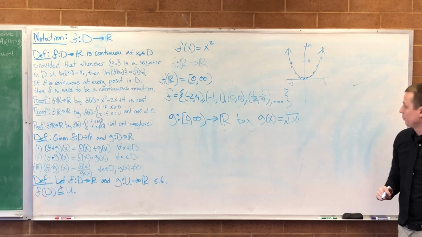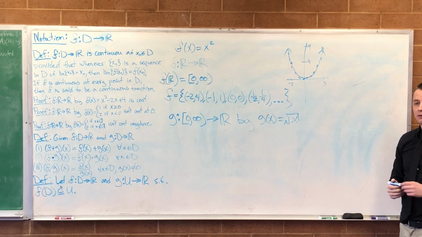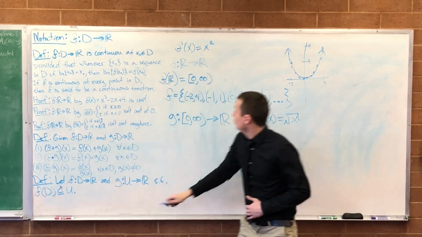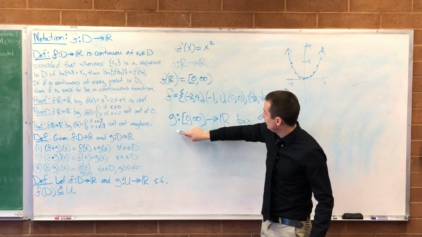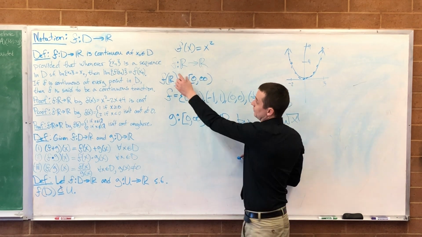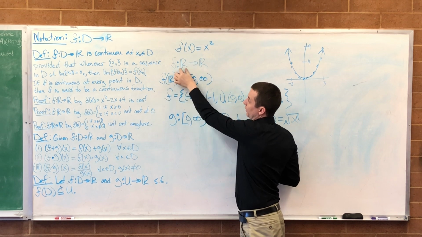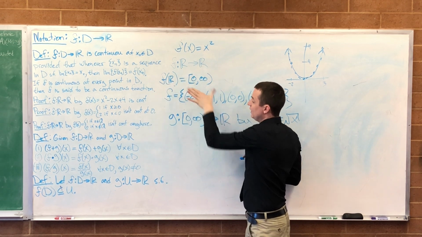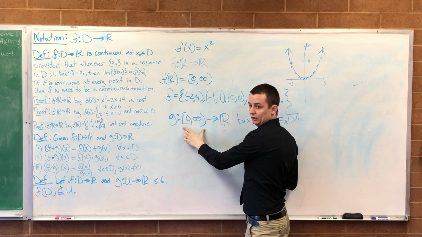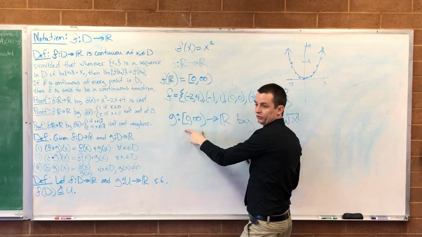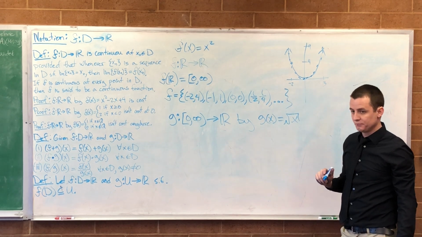Because we can only take the square root of positive numbers. So here's an example that fits our case here. We have two functions, f and g, and notice that the image of f, if we plug in the domain to f, is a subset of the domain of g. In this case, they happen to be equal. But equal sets are subsets of each other, right?